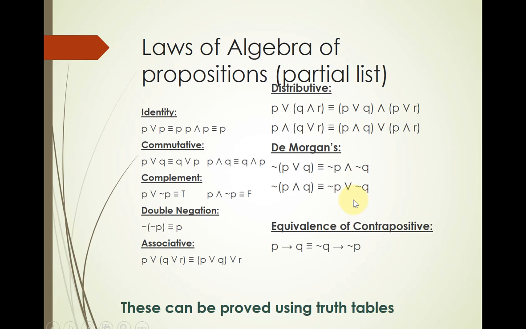Equivalence of contrapositive. So P implies Q is the same thing as not Q implies not P. So you can substitute in some statements like: if I live in Beppu, then I live in Japan. If I don't live in Japan, then I don't live in Beppu. And this one that we just saw, this is the only one that we actually proved. We showed the logical equivalence of this statement and this statement.